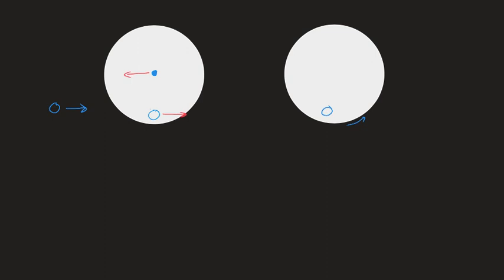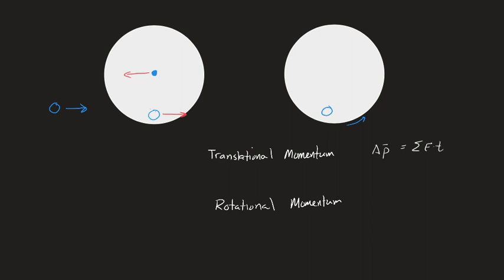There's two kinds of momentum. There's translational and there's rotational. We know that to change translational momentum, we have to apply an impulse, an unbalanced force for some period of time.